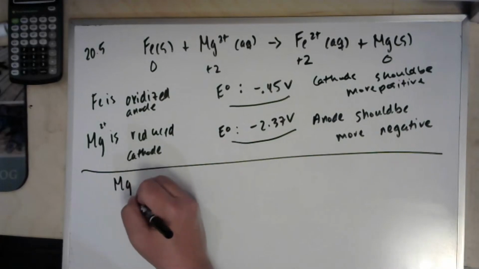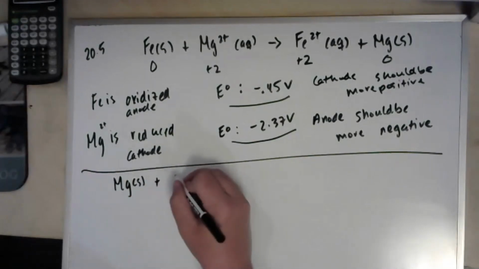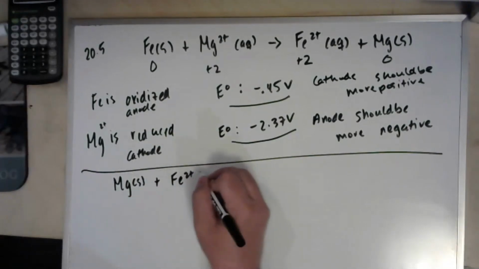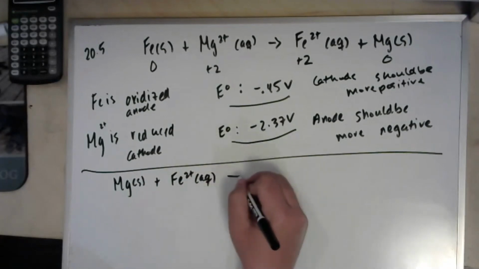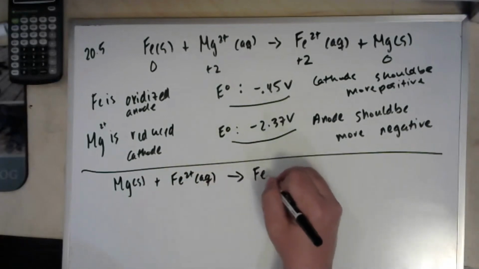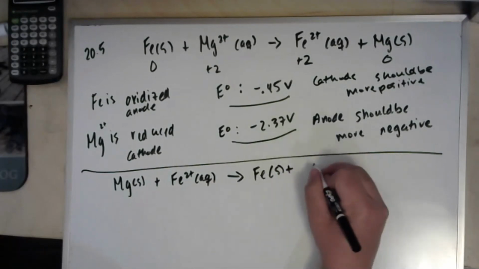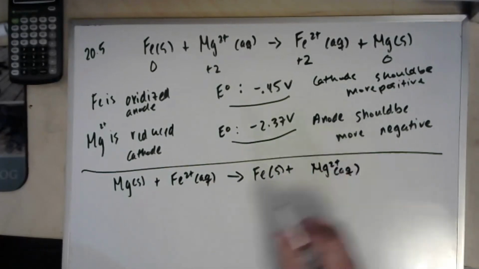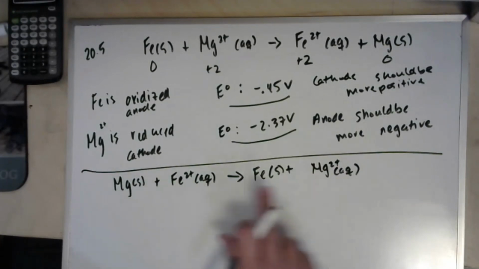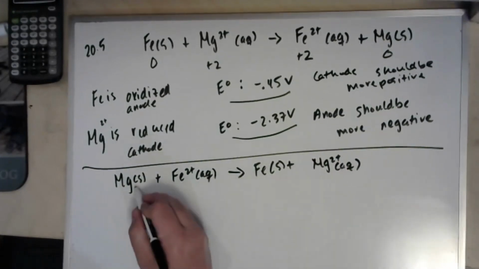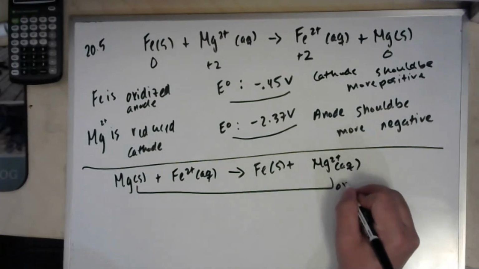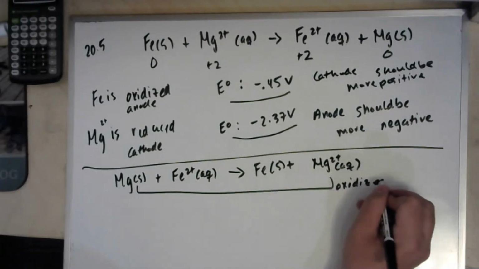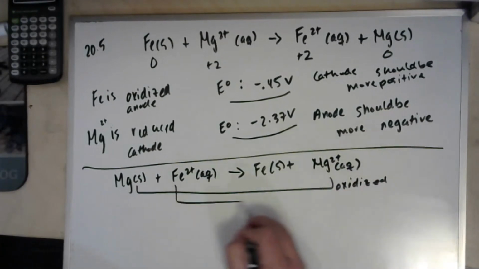If we write Mg solid plus Fe2+ yields Fe solid plus Mg2+, now your magnesium is being oxidized and your iron is being reduced.